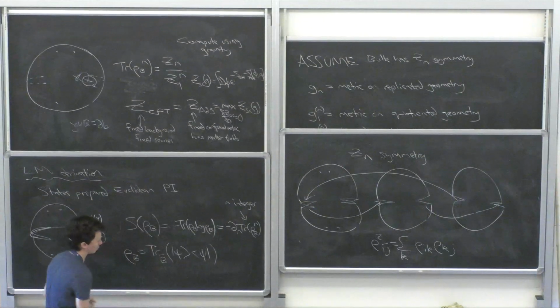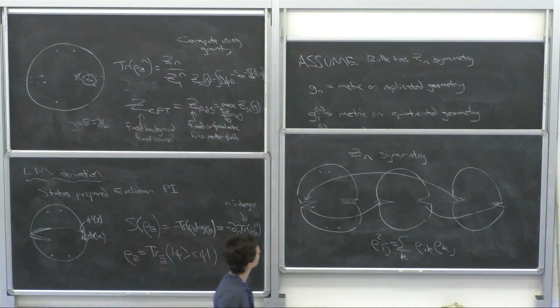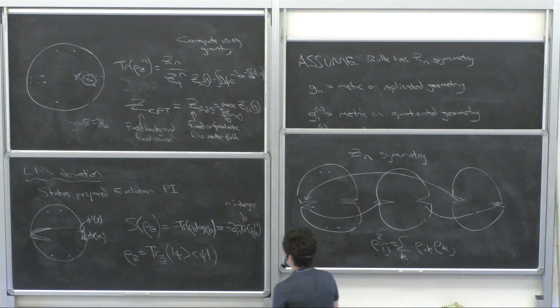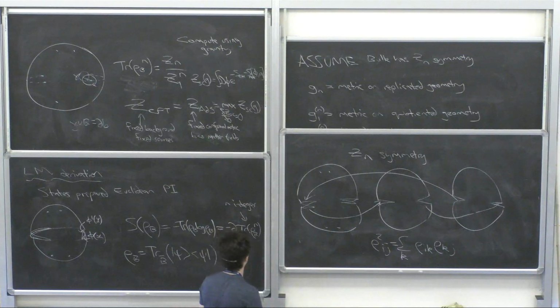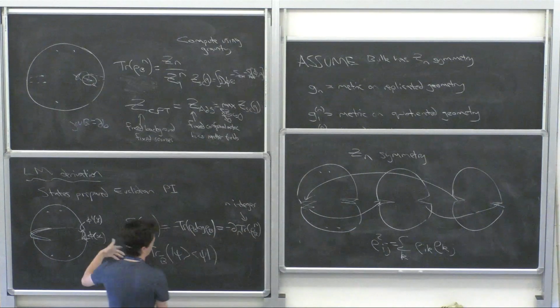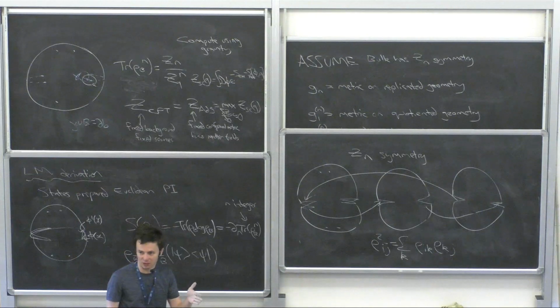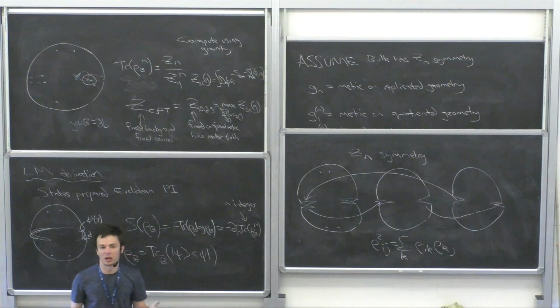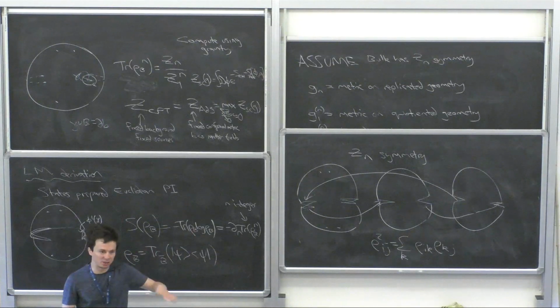So is the branch cut in the bulk going to be codimension 1? Sorry, say that again. So I need to get my terminology right. Branch cut on the boundary would be big B, which is codimension 1, and similarly the branch cut in the bulk is little b, which is also codimension 1. Though what's really well defined is the boundary of the branch cut, right?